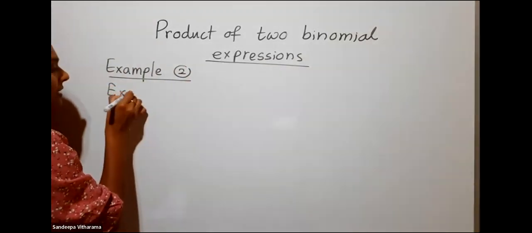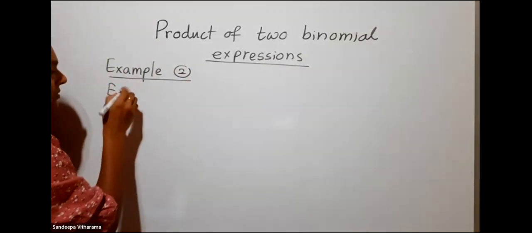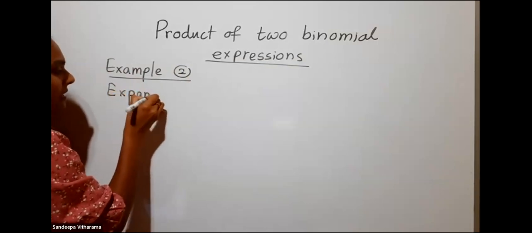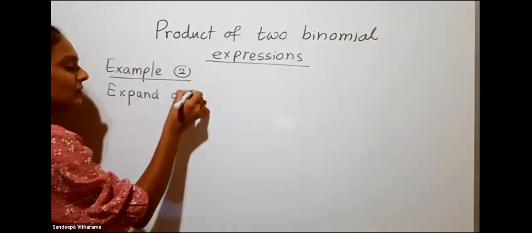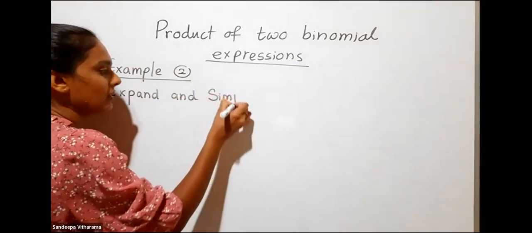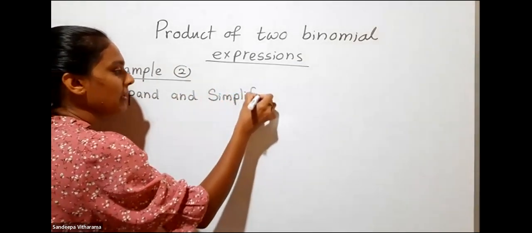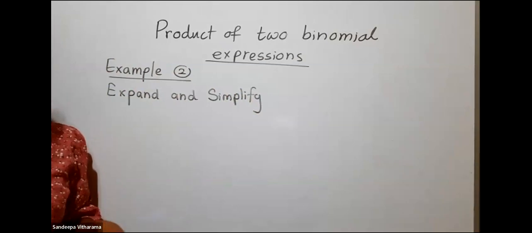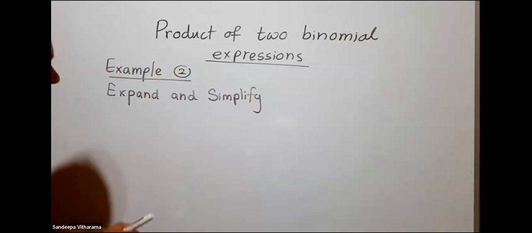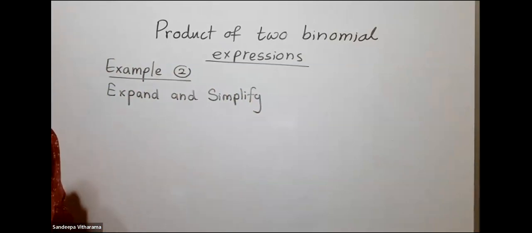Here it is given expand. Actually, in the previous case also I should have written expand, and it should be simplified. Not only expand, expand and simplify. Okay, let's see.